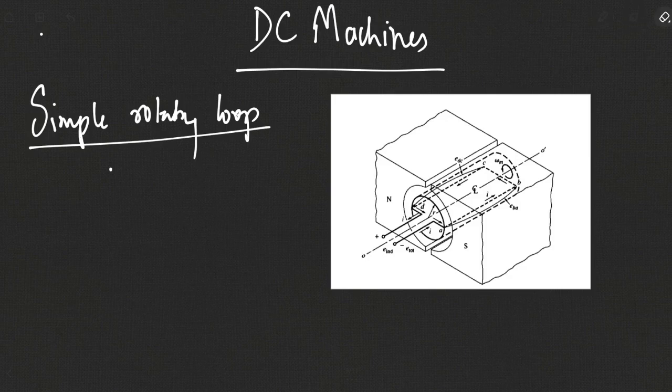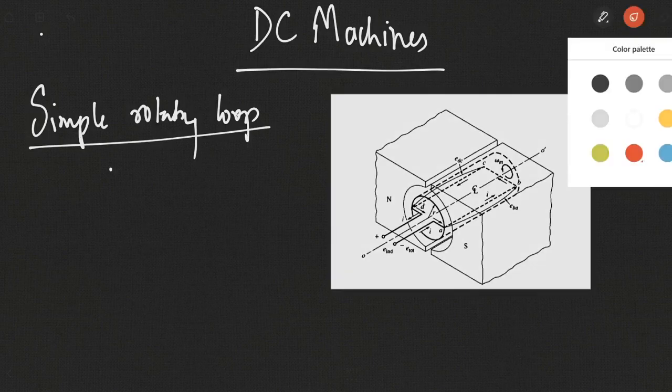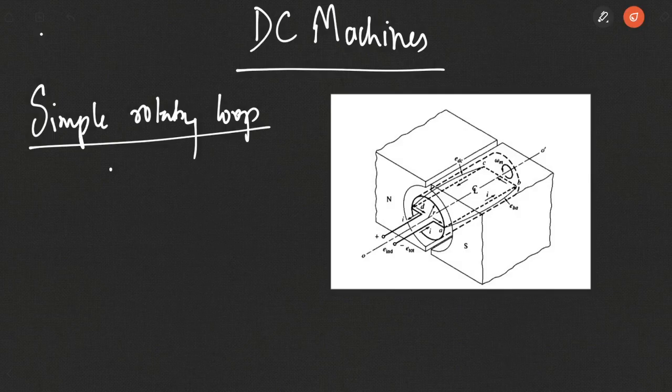So this here is a simple DC rotating loop. You can see there is a magnet represented by north and south poles. You can consider it a permanent magnet right now, and there's a single wire, shown here as coil turns A, B, C, and D. This is a single loop of coil placed within this magnetic field, a rectangular structure represented as ABCD.